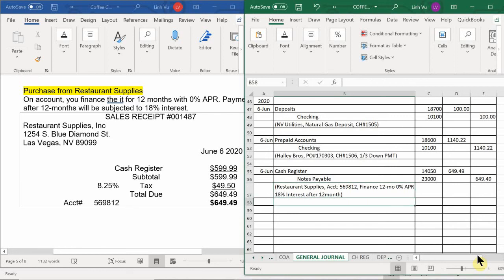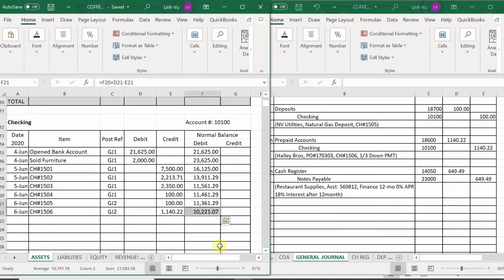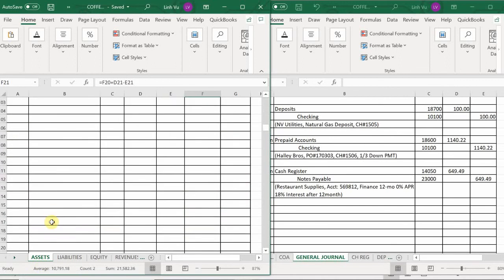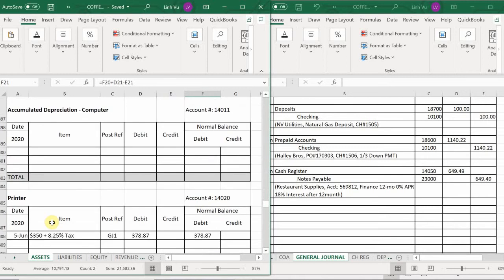So since my journal is done, where do I need to go next? To the ledger. Okay, so in this case, what accounts did I use? What's my first account? The cash register.